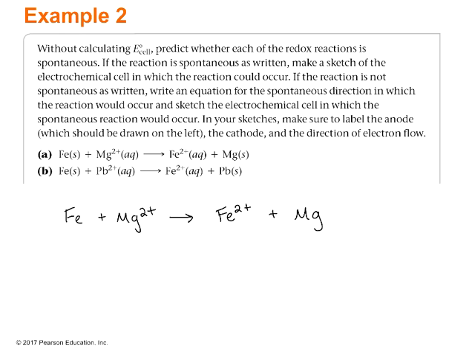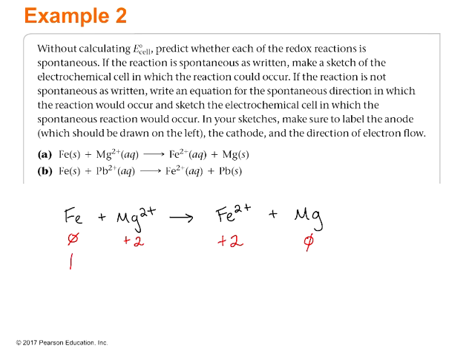Iron initially is just pure iron. It doesn't have a charge, so its oxidation number would be 0. Magnesium is an ion, so its oxidation number matches the charge. And then in the products, we have iron as an ion, so its oxidation number matches the charge. And then we have pure magnesium, so its oxidation number is 0.